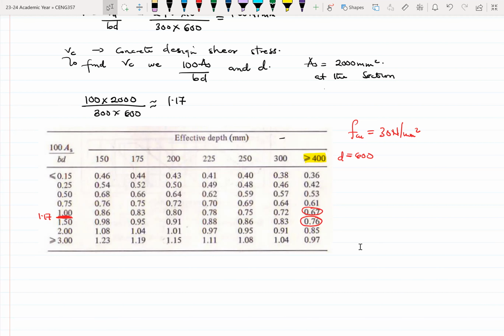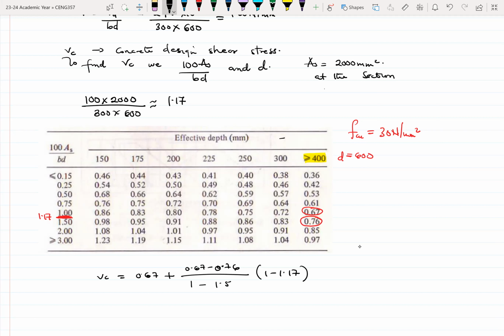So the interpolation for finding VC, small letter vc will be equal to 0.67 plus 0.67 minus 0.76 divided by 1 minus 1.5, then times 1 minus 1.17.